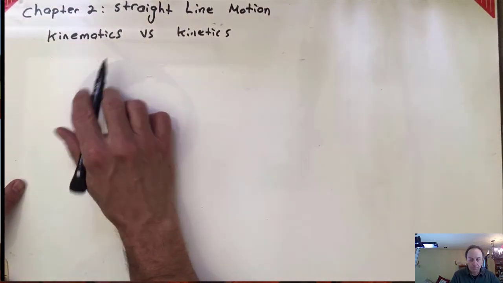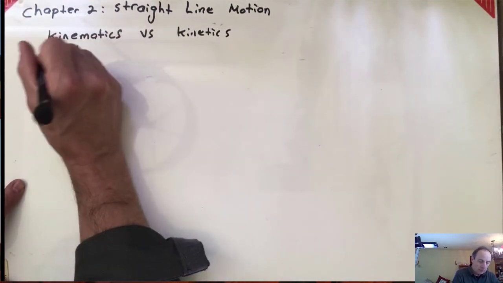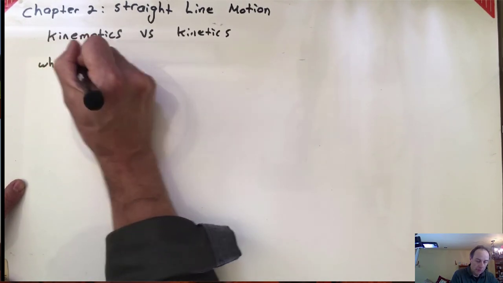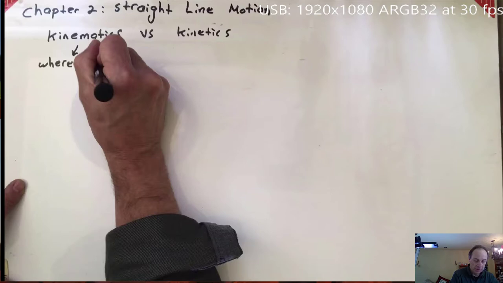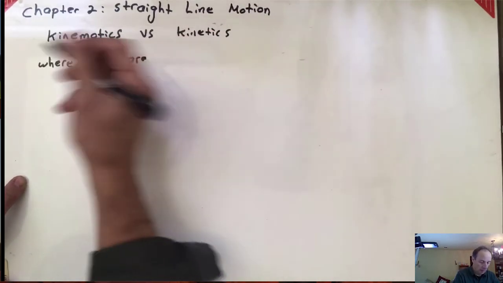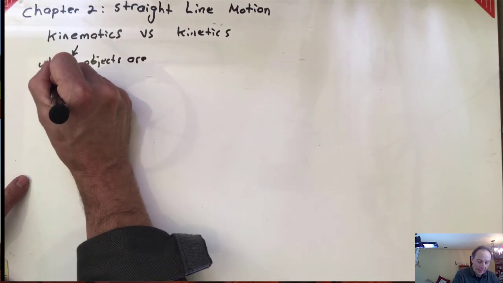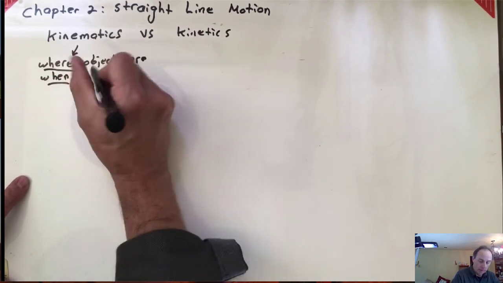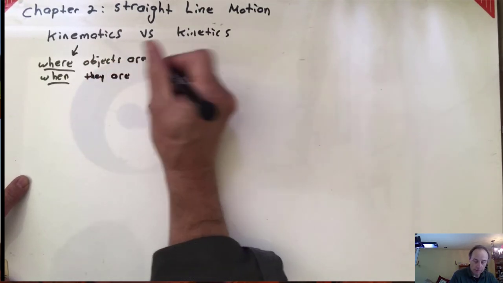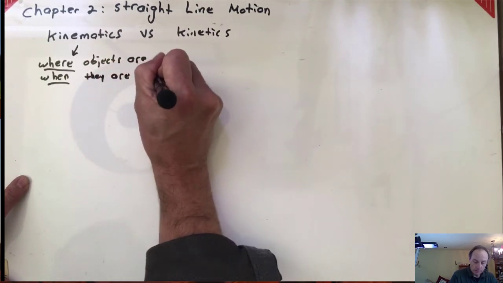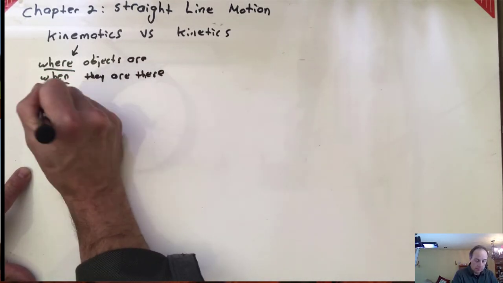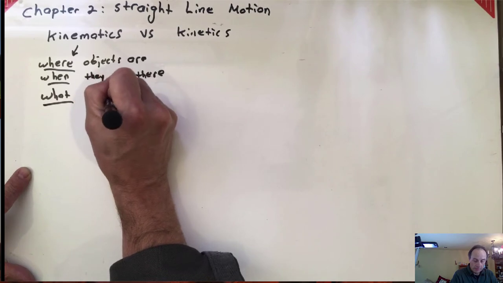Kinematics is where objects are, when they are in certain locations, and what they are doing.